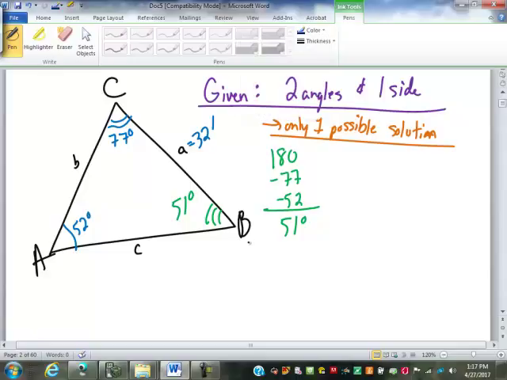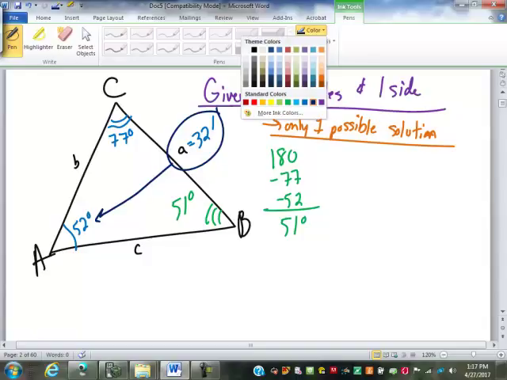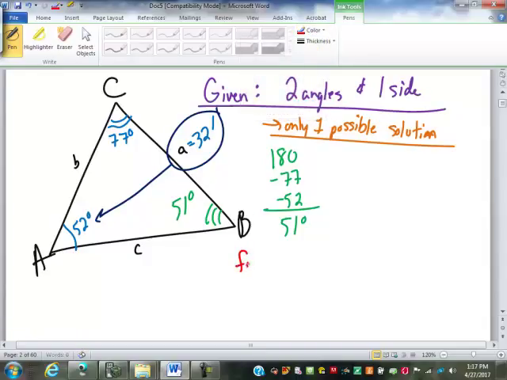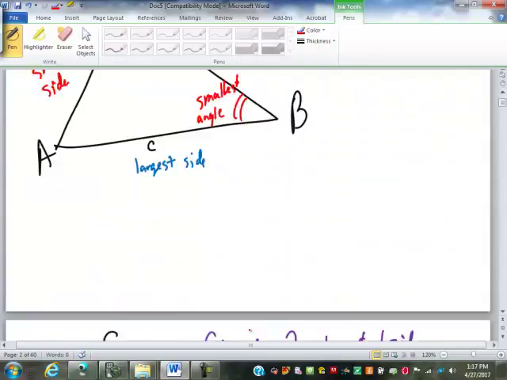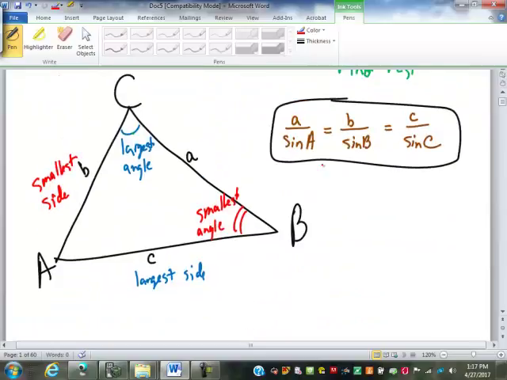So now let's look at finding sides. We have side A. Do we know its opposite angle? Yeah, 52 degrees. That is a requirement for what I put up here, by the way. This is what we call the law of sines.